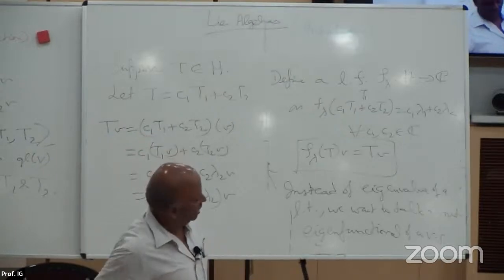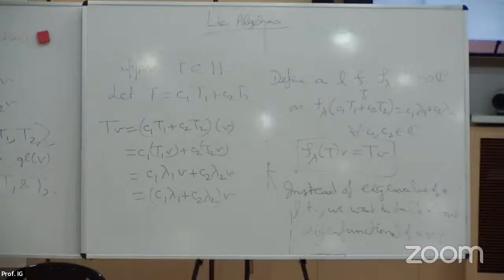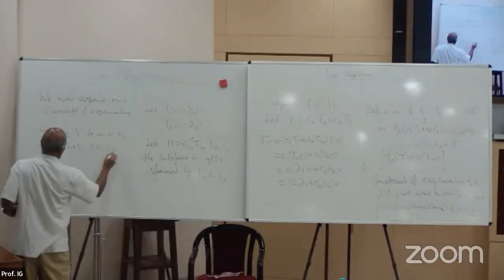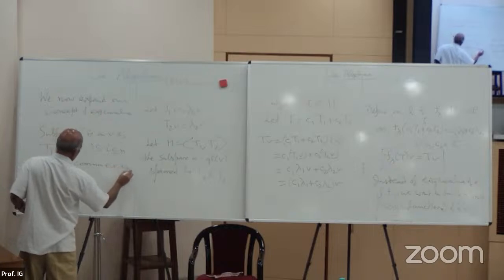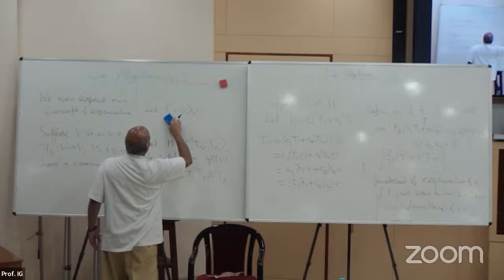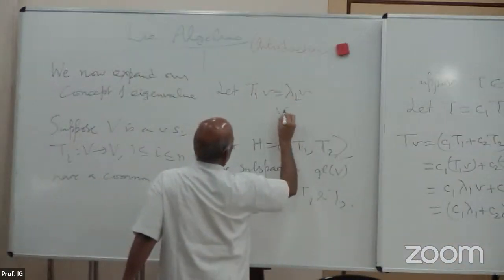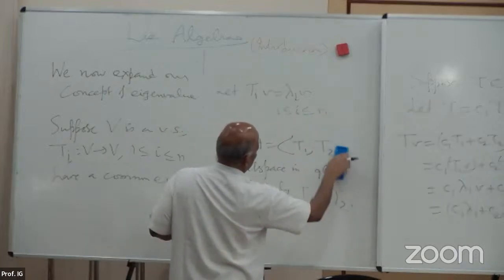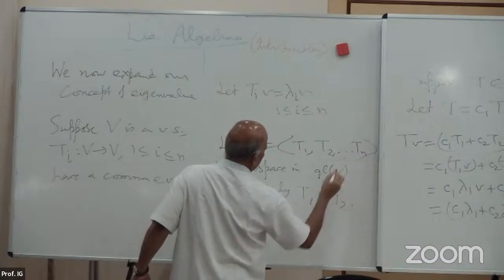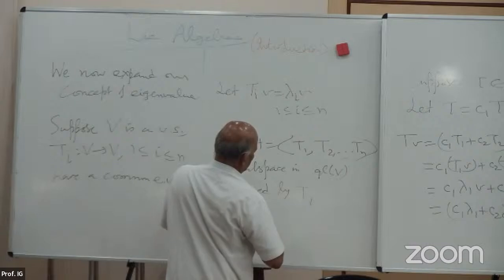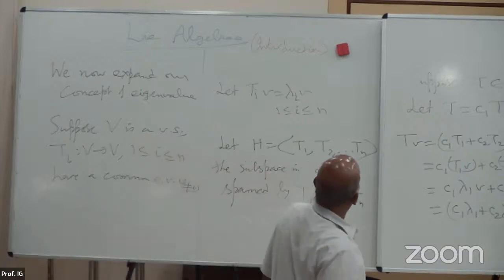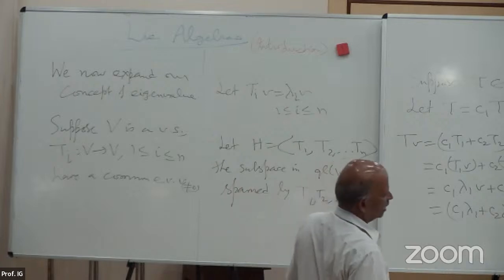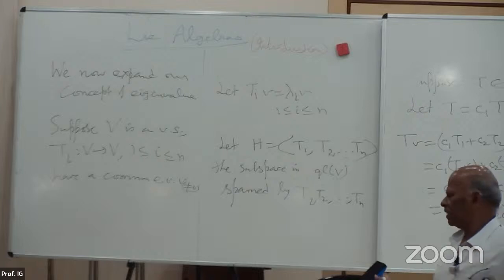There is no problem at all. The same thing will go through for T1, T2, ..., Tn, as long as some n linear transformations have a common eigenvector, we can do this.